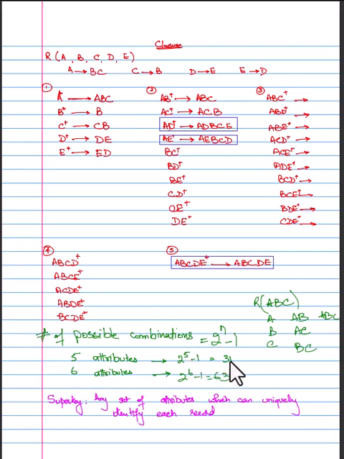The total possible combinations or closures will be 31, and there can be many super keys. Later, in the next slide, we will see how we can identify the candidate key for the primary key.